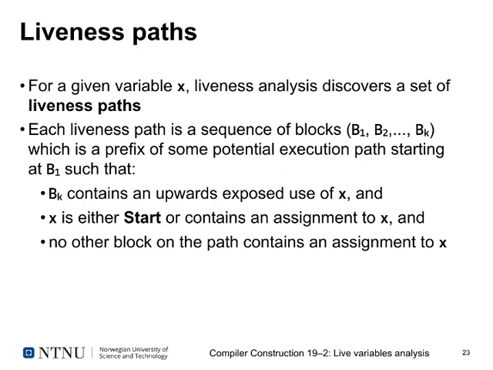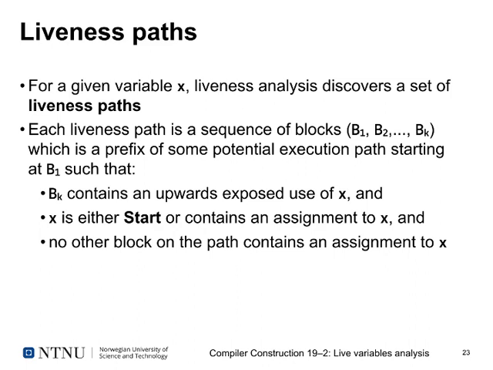For given variables x, now we can see how the liveness of this variable propagates throughout our control flow graph. So this propagation of liveness analysis discovers a set of so-called liveness paths. And each of these liveness paths is a sequence of basic blocks, so B1 to Bk.